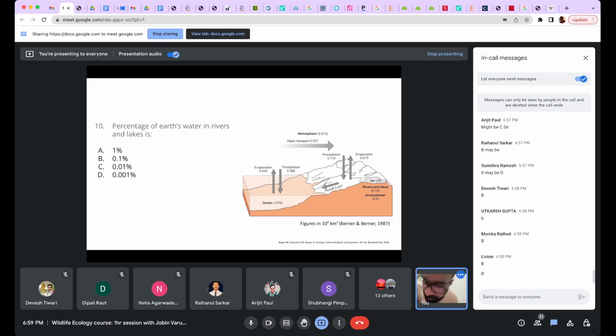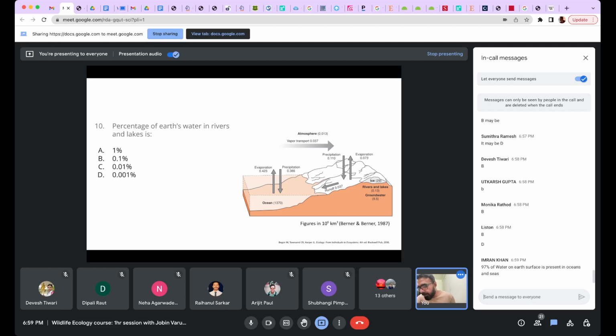For the answer, you might have to add up everything and find out 0.13 upon the sum of everything. The major portion is the ocean. The ocean has 1,370, and rivers and lakes are 0.13. Everything else is not as high as the ocean. Groundwater is 9.5.